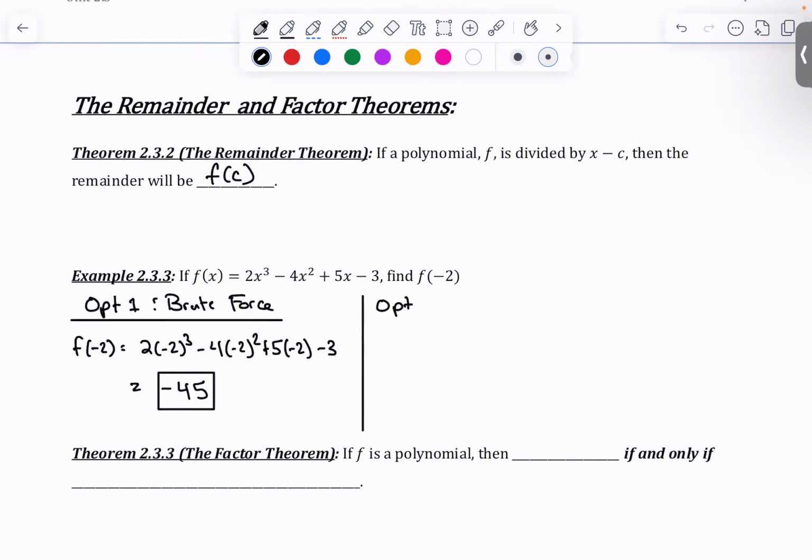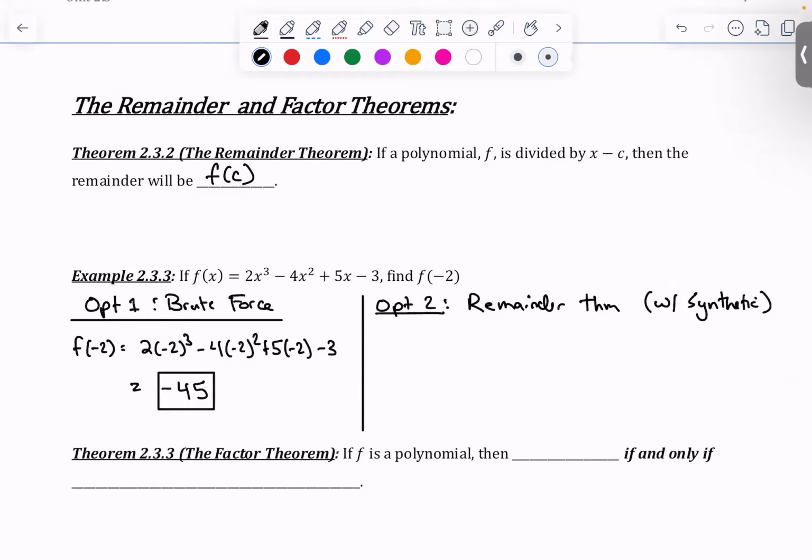Option two is to use the remainder theorem with synthetic division. So what the remainder theorem says is if you want to know f of negative 2, divide f by x minus c, x minus negative 2.